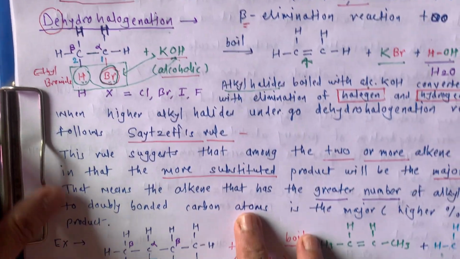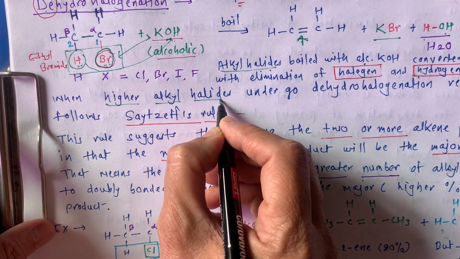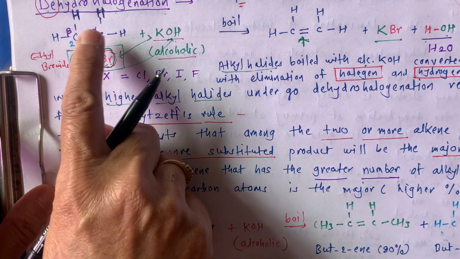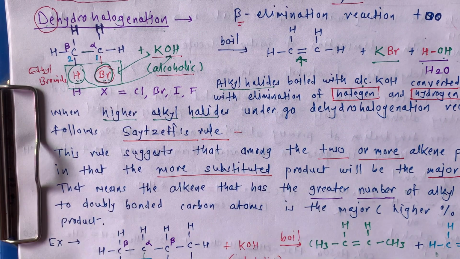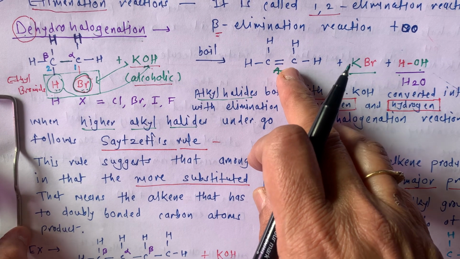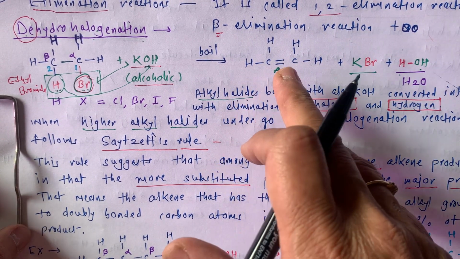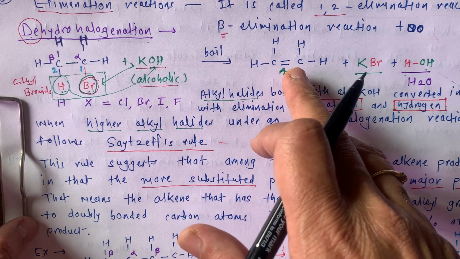But if there are higher alkyl halides, meaning more than two carbons, like chlorobutane or chloropentane, then the product is not a single product; two products are possible.